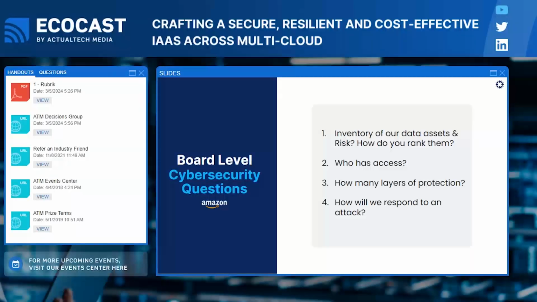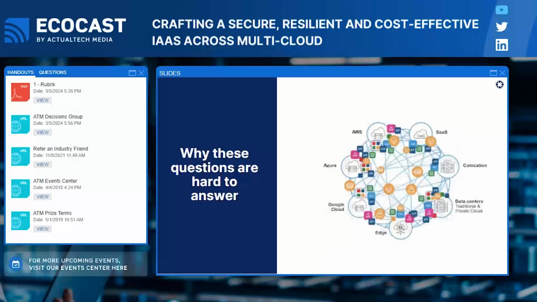But the reason why we're seeing these types of questions still being asked is because it comes down to visibility. They're so difficult to answer because of this concept of data sprawl or IaaS sprawl or whatever buzzword you want to put into the mix here. It's difficult to understand where your data lives today, whether you're in an AWS Azure shop, GCP AWS shop.